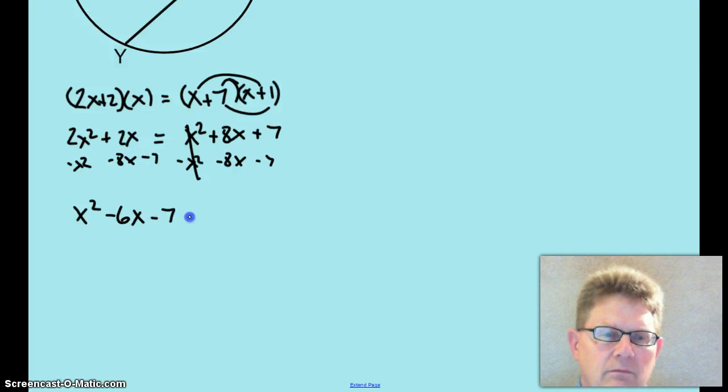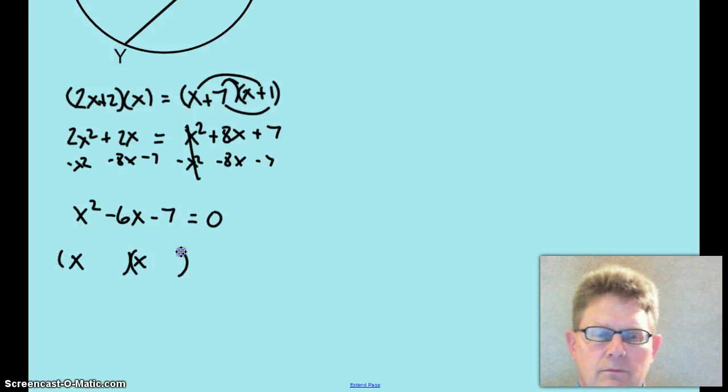Minus 7 equals 0. Now we'll factor that trinomial, or that quadratic if you'd rather call it that. I need two factors of 7. They have to be 7 and 1. Since this second sign is negative, that means these two signs are opposite.